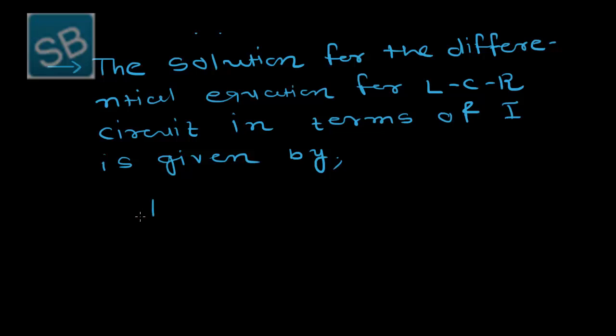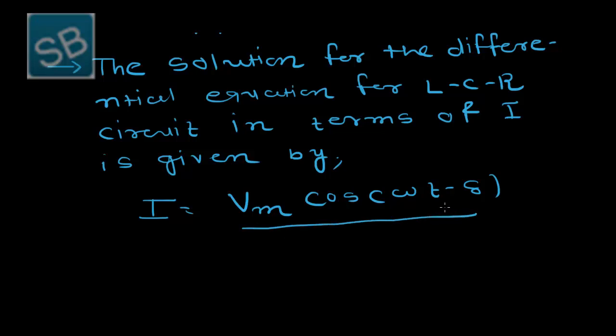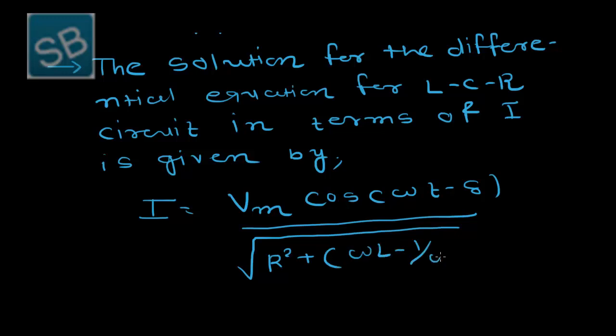I is equal to Vm cos(omega t minus delta), and this whole term is divided by the magnitude of Z, which was under root of R square plus (omega L minus 1 over omega C) whole square.